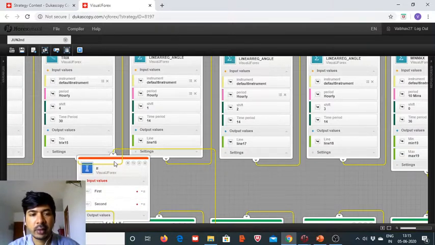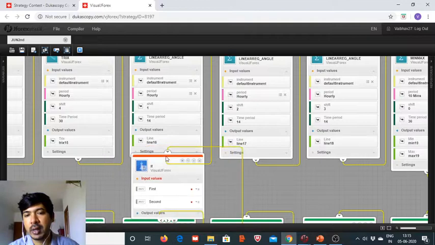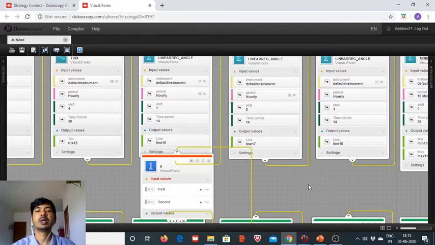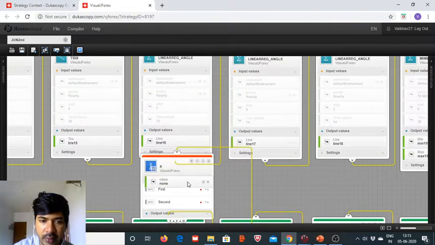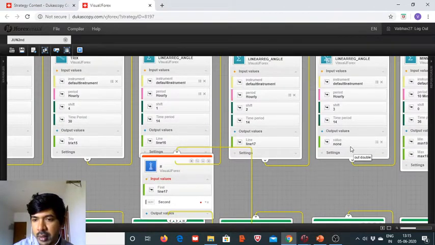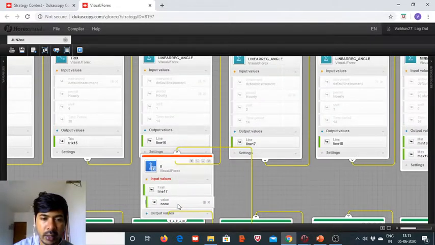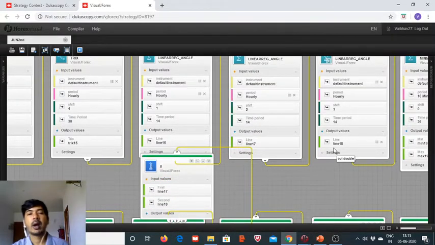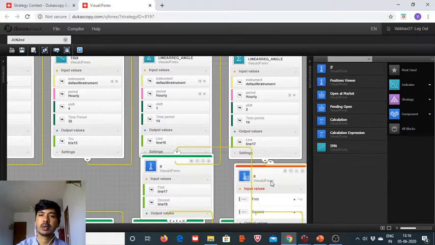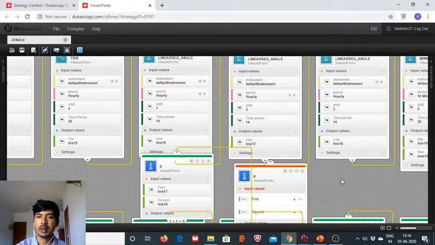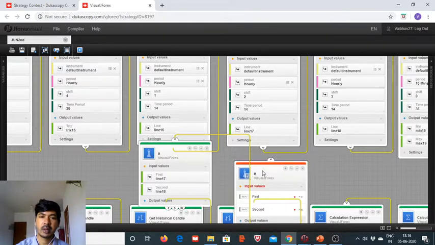First we will compare the line 17 to line 18, and line 17, which is the penultimate candle's linear regression angle value, it should have been rising, that means line 17 should be greater than line 18, and then afterwards for the last candle close the value should be less, that means line 16 should be less than line 17.